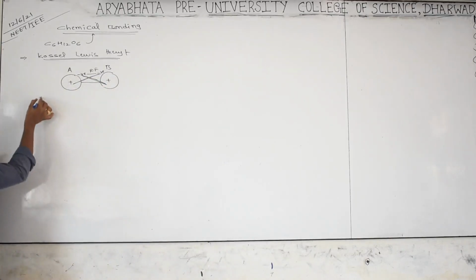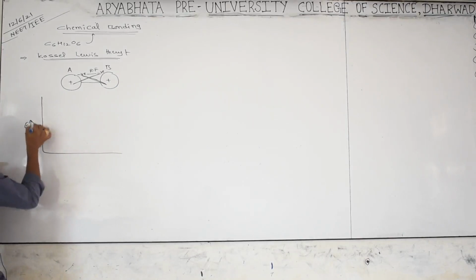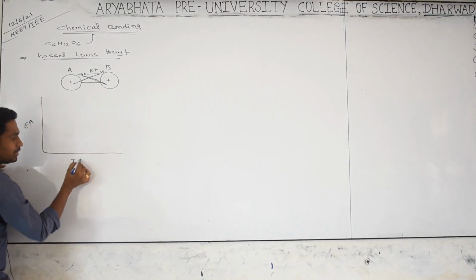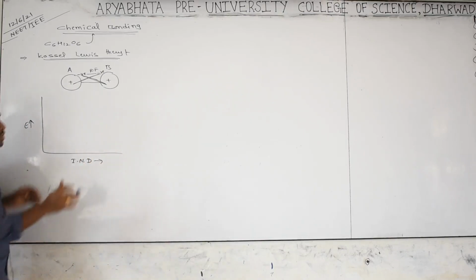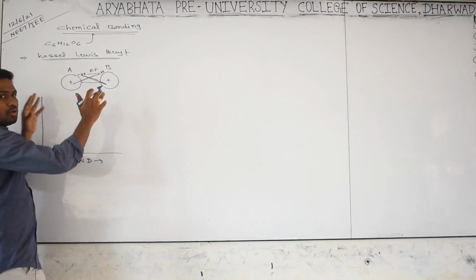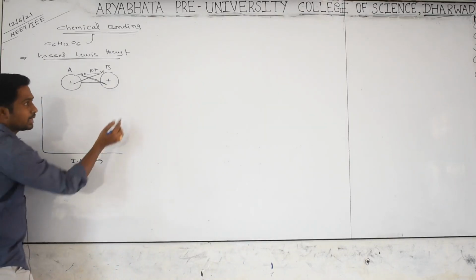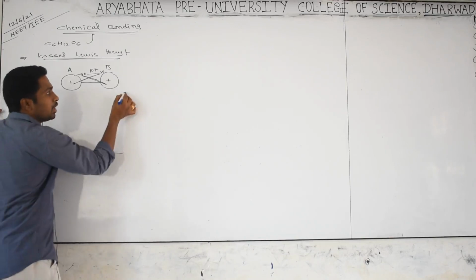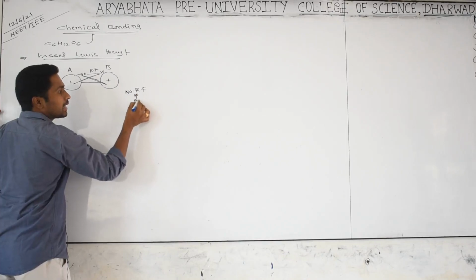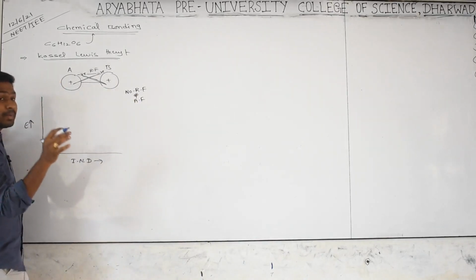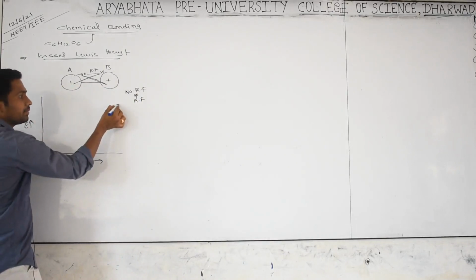Now we are plotting a graph between two things: the energy of the system and the internuclear distance, indirectly the distance between the two atoms. If the two atoms are far away from each other, the gap between the two particles is very high, then there is no repulsive force between them and no attractive force either. Then the atoms move randomly and the energy will be very high.